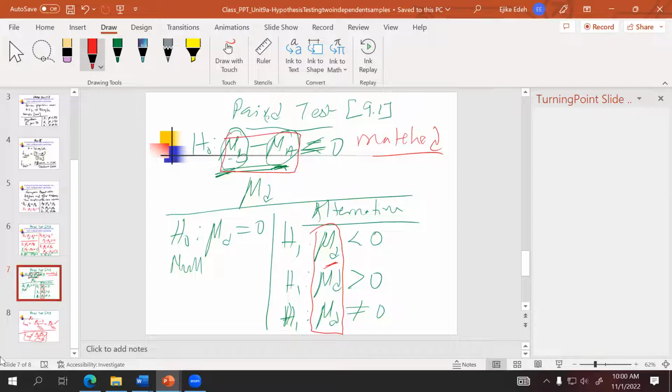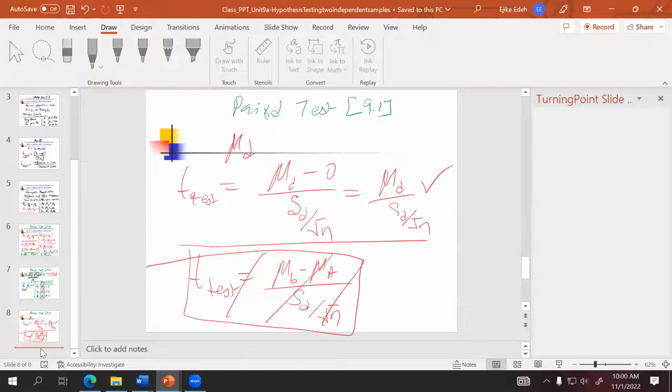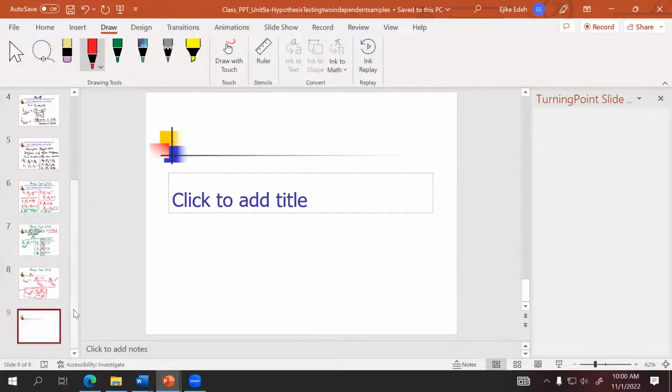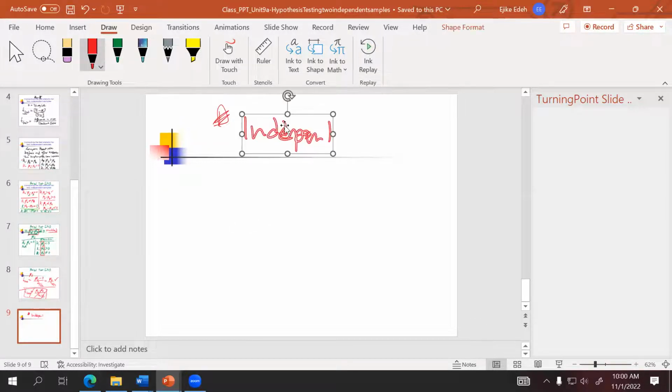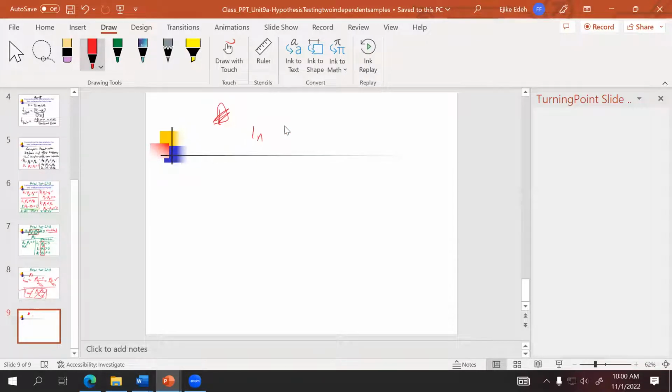If I have two different samples, my formulas or my work should look this way. So for today, we are dealing with independent samples.